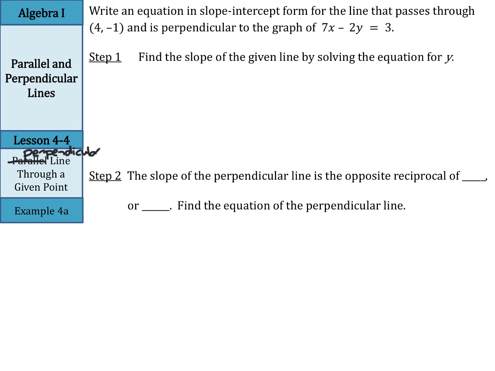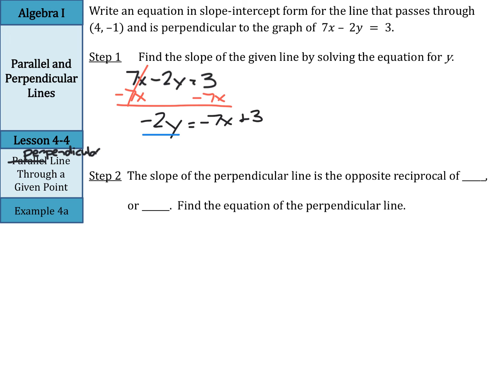So let's start off with the line 7x minus 2y equals 3, and get this into slope-intercept form by getting that y alone. We'll subtract the 7x from both sides, and we're left with negative 2y equals negative 7x plus 3. Then divide everything by negative 2, and we're going to be left with y equals negative 7 over negative 2.